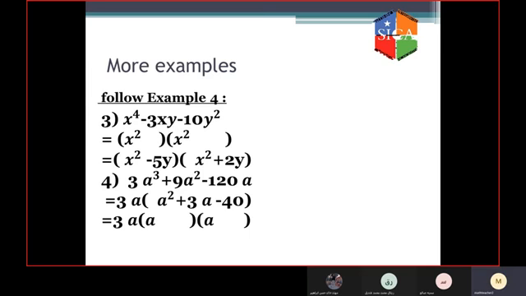Now we ignore the sign, but we search for two numbers whose product is 40 and whose difference is 3. Why difference? Because the last term is negative. Negative 5 and 8. Excellent. Negative 5 and 8. Their product is 40 and their difference is 3.